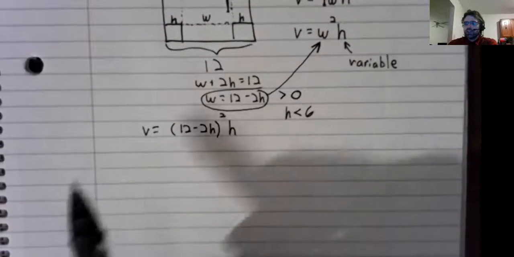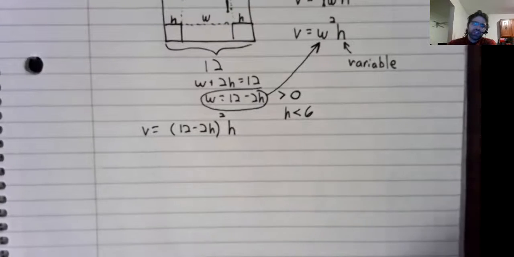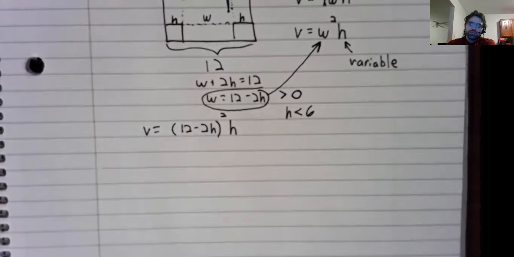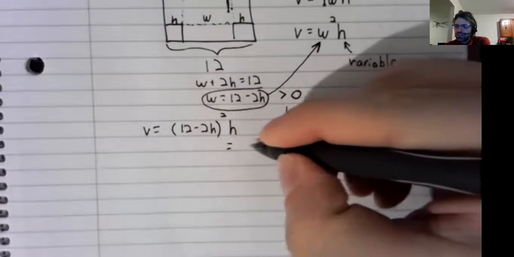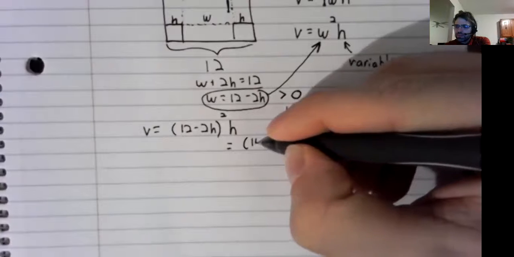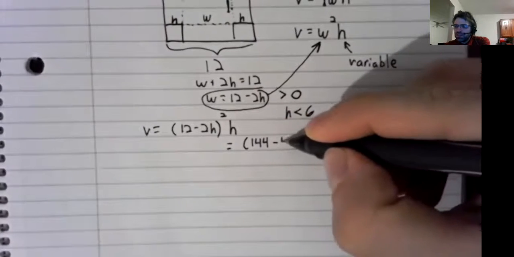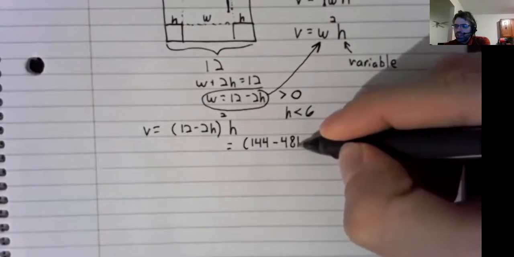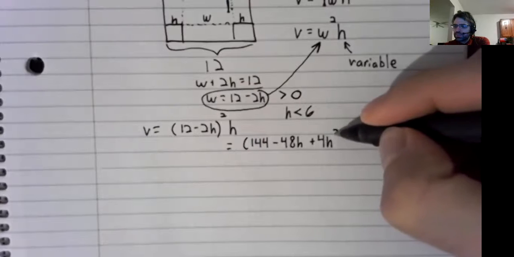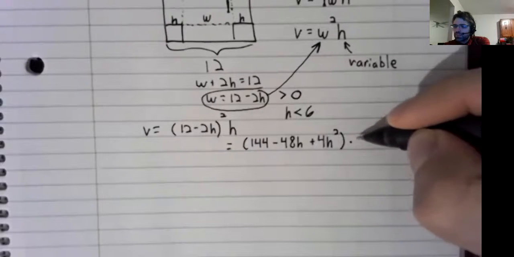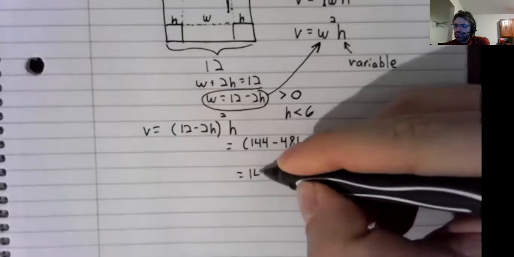To find the critical value, we need the derivative of this thing. Probably the easiest way to do this is going to be to FOIL this out and then distribute.